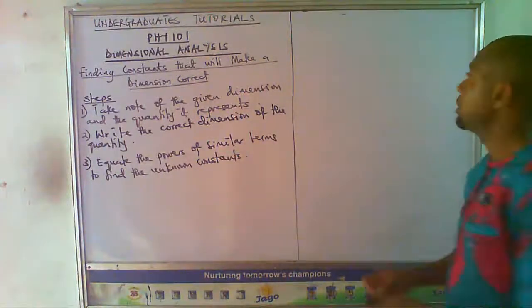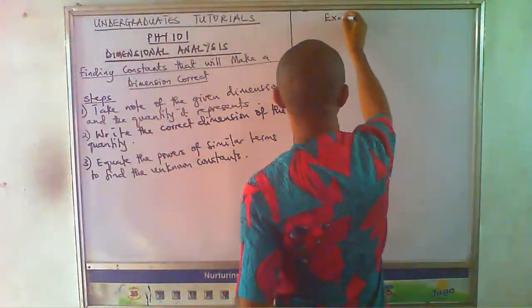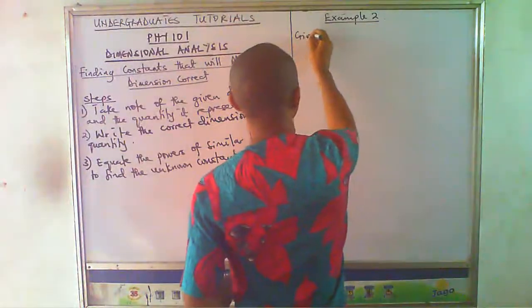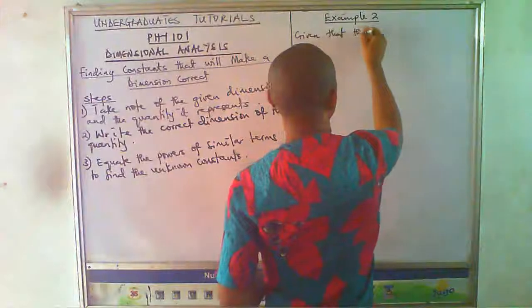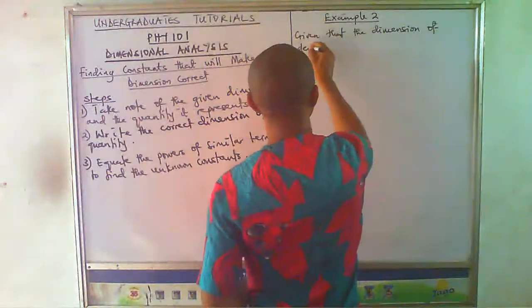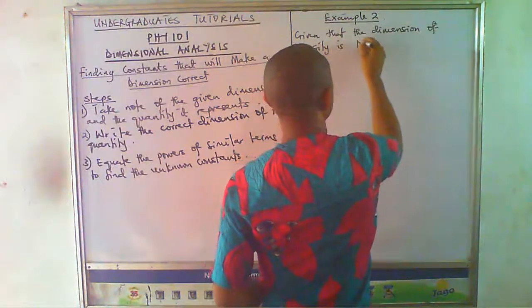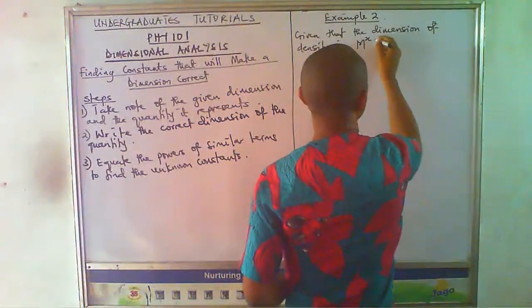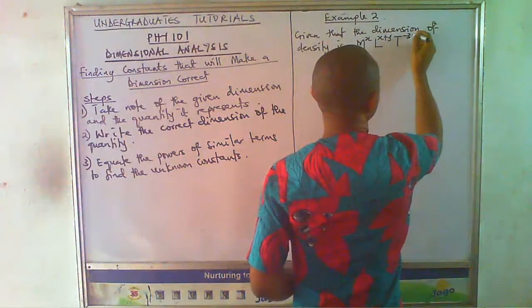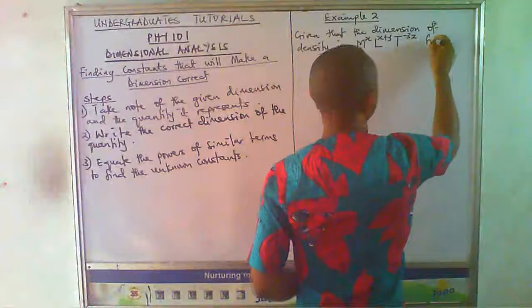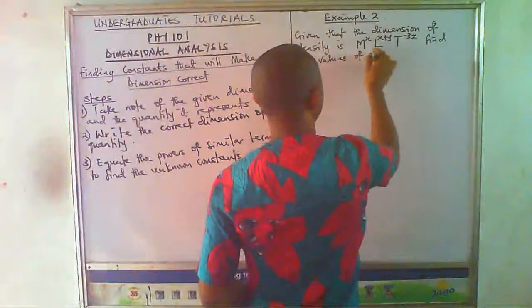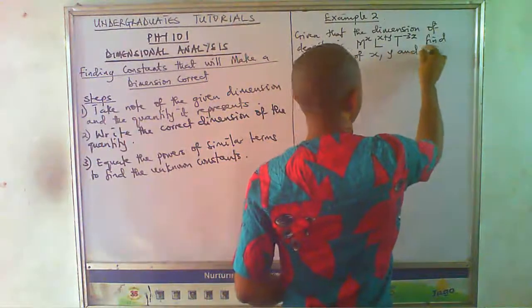Let's look at this. Example 2. Given that the dimension of density is M to the power x, L to the power x plus y, and T to the power minus 3z, find the values of x, y, and z.